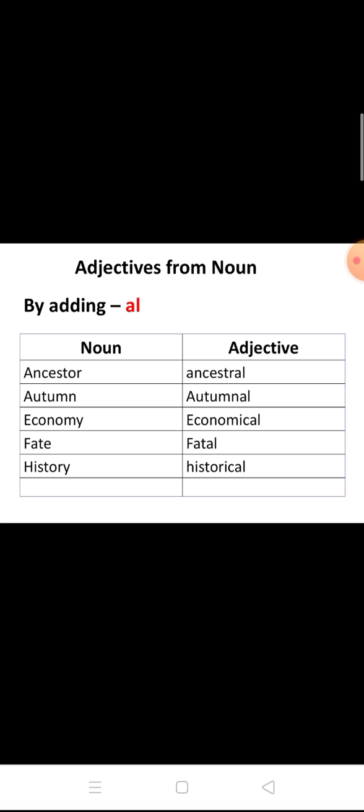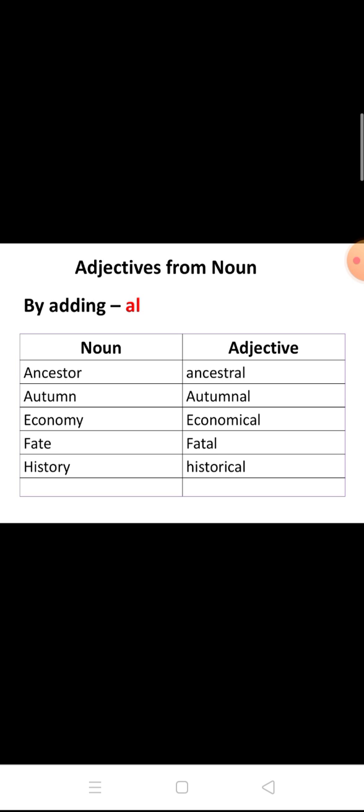Now, let us see how you can get adjectives from noun. Here you have to add suffix. We are not going to see prefix here, but we are going to see suffix. Suffix is added at the end of the word. So the words like ancestor, autumn, economy, fate, history.